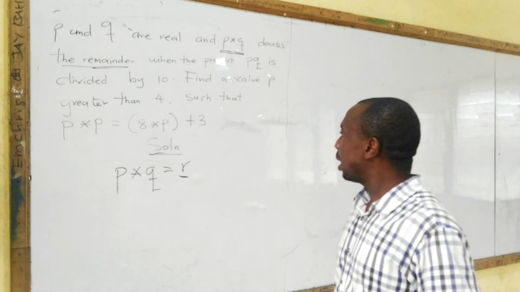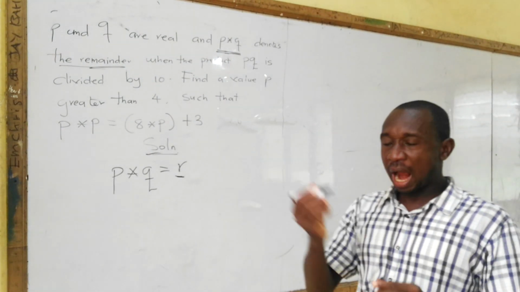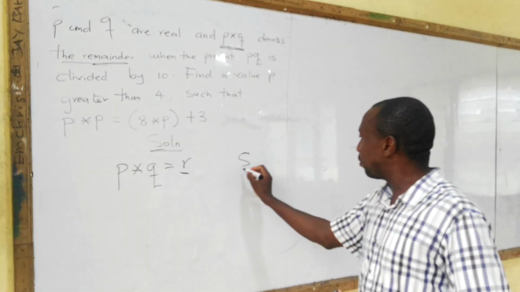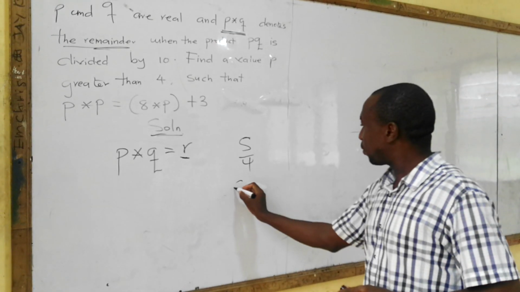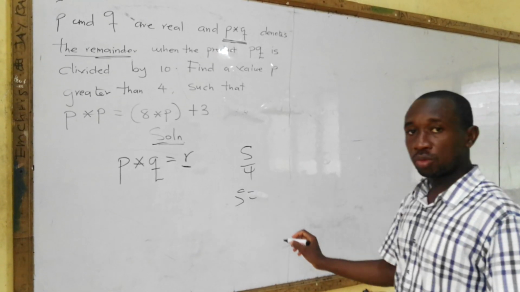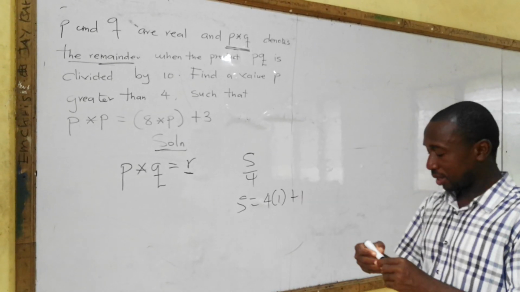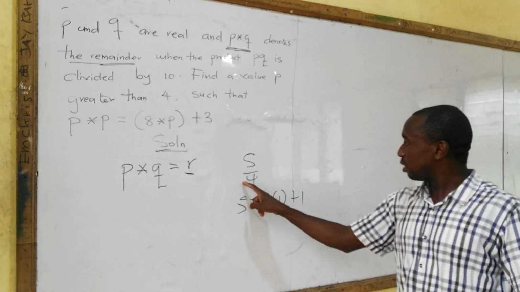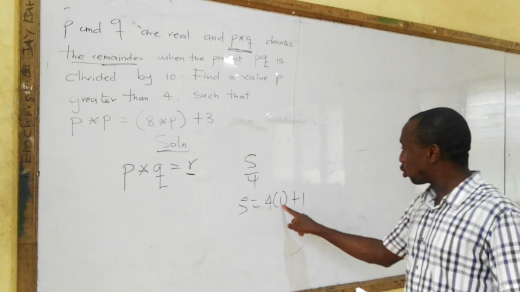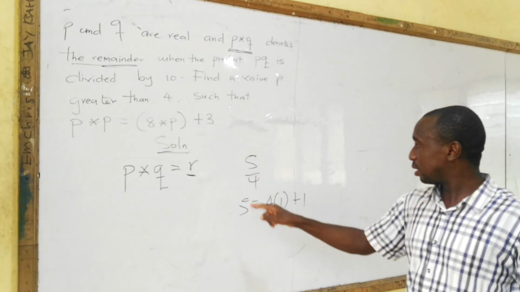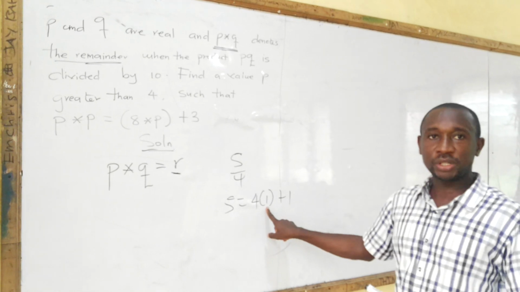Okay. Now, in our basic arithmetic, if I have 5 divided by 4, this 5 can be equated to 4 times 1 plus 1. This 4 here is the divisor. This 1 here is the number of times the 4 goes into the 5, which is the quotient.